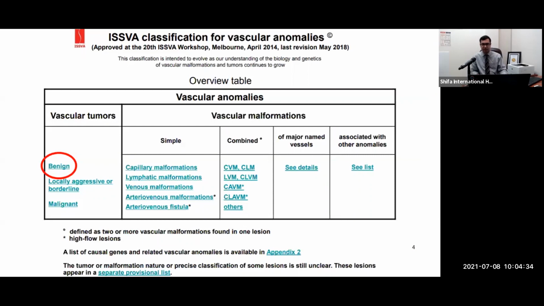This is the international classification for vascular anomalies. You can see I've marked that vascular tumors and vascular malformations. We'll talk about vascular malformations in one of the scenarios as well, which is arteriovenous malformation later, while the hemangiomas fall into vascular tumors, which are benign rather than malignant.